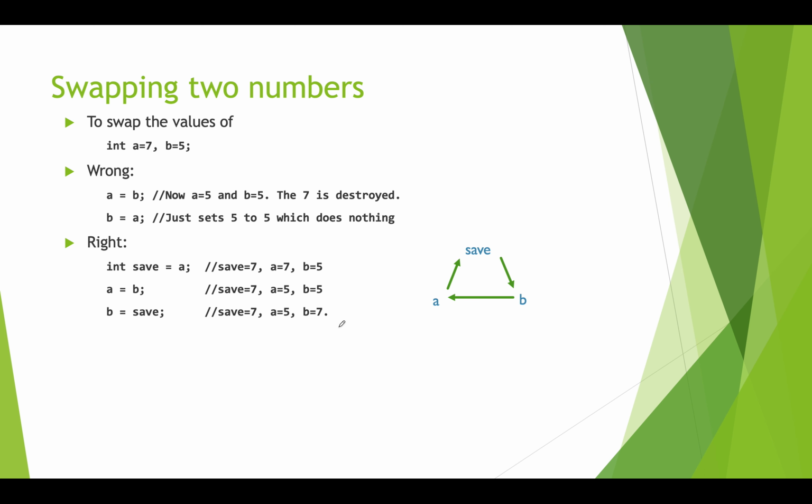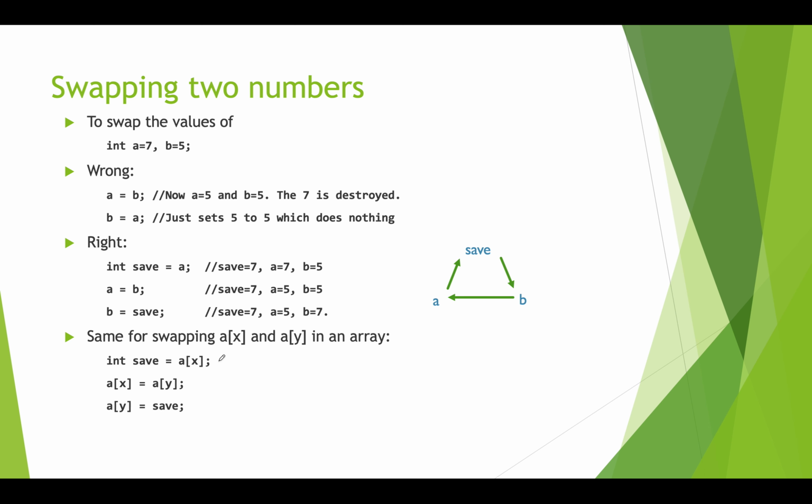And the point of going over this again is just to show you that the exact same thing happens with an array. So if we have arrays and we're trying to get the value in the array at index x and swap it for the value in the array at index y, then what we have to do is get the value out of the array that's at x, put it into save, then get the value out of the array at index y and put it into the array at index x, and then we grab our value that we saved here and we put it into the array at index y.